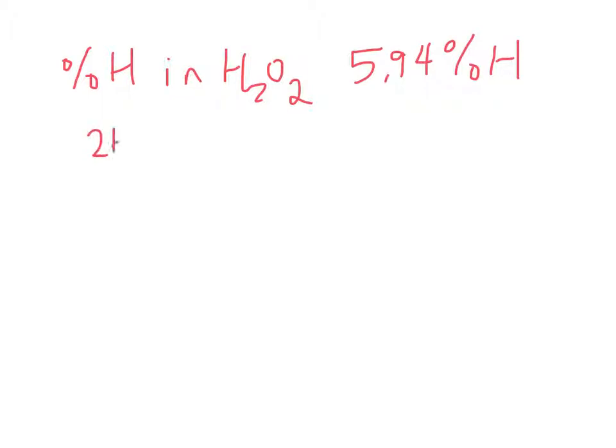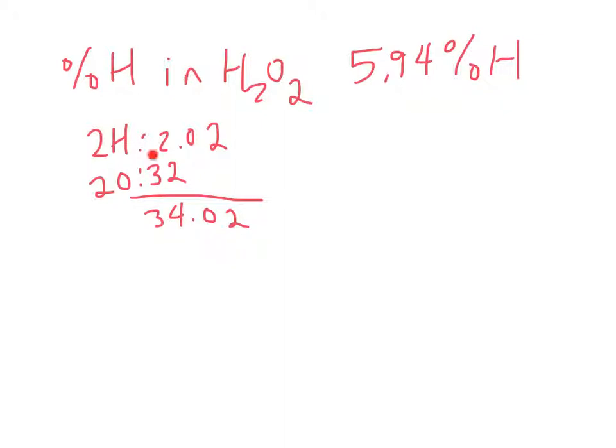I did that by figuring out that 2 hydrogens represents 2.02 grams per mole and 2 oxygens represents 32, and the mass of the whole thing is 34.02. I just took the 2.02 for hydrogen, divided it by the whole thing and multiplied it by 100 to get the percent by mass of hydrogen.